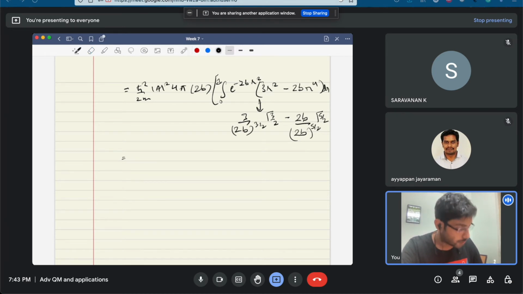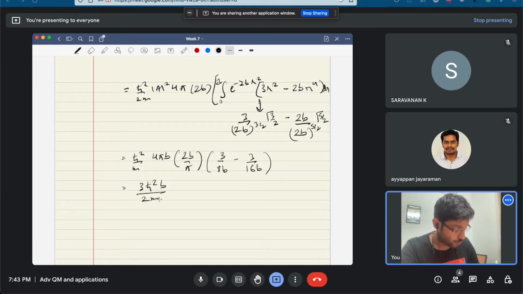So finally what we get, you can find in the notes, so 4 pi b, 2b by pi, 3 by 8b. If you find any anomaly, just let me know, we can try to figure it out. Final term is by 2n.